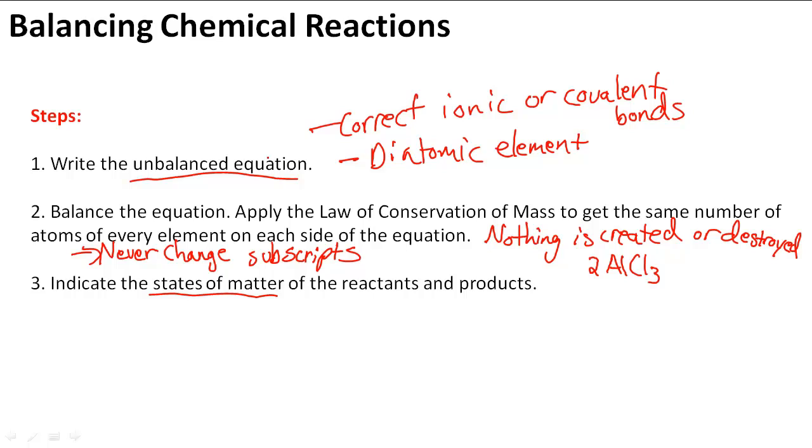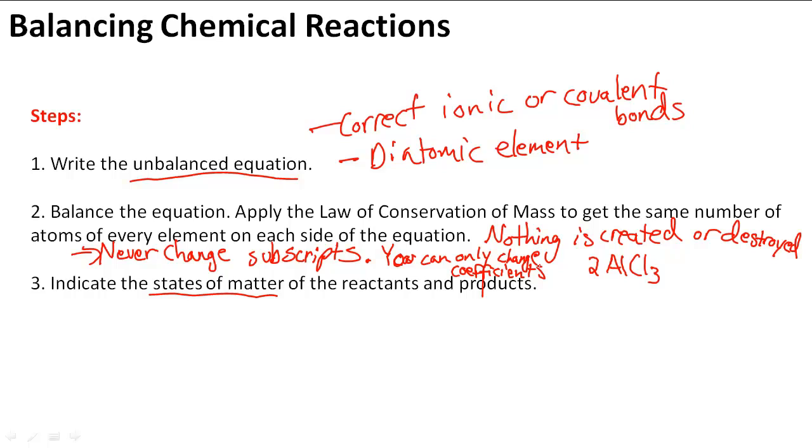So you make sure this is correct first, and then you come here and you make sure that you never change the subscripts. You can only change coefficients. So the coefficients are the most important part. You can change the coefficients to make the equation balanced, but you can never change the subscripts.